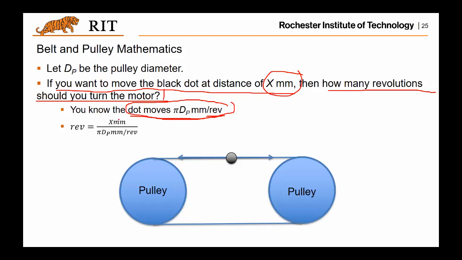Just simply use the distance over the millimeter per revolution. Then you will have the revolution number of the motor. So that's also a calculation based on this equation, the dot movement in millimeter per revolution, right?